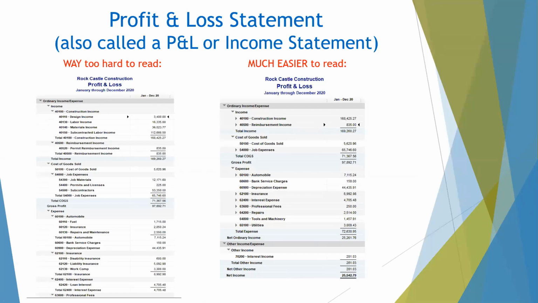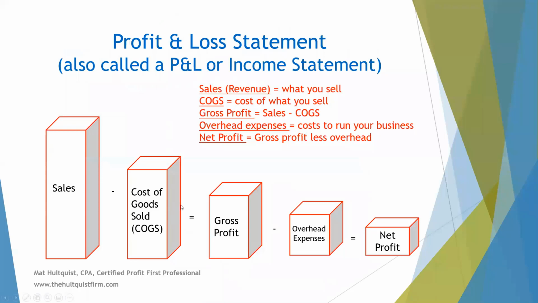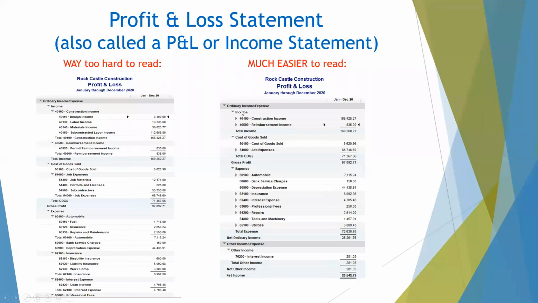And you'll recognize, if I go back to that graphic here, that it follows this basic formula. Again, every business is going to follow this. You've got income, which is the sales in that graphic, 169,000. You've got cost of goods sold, 71,000, and the difference between the two is the gross profit.